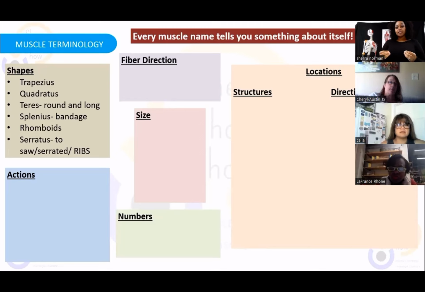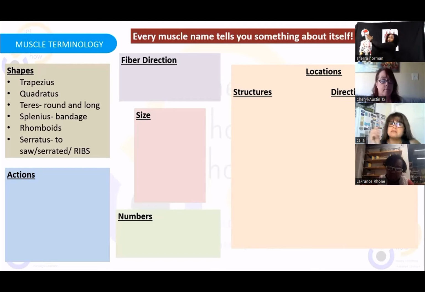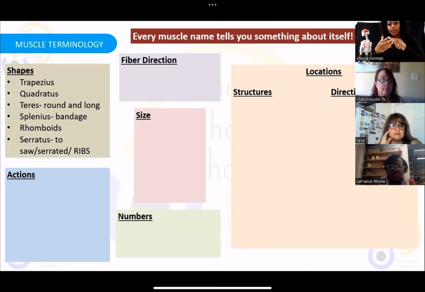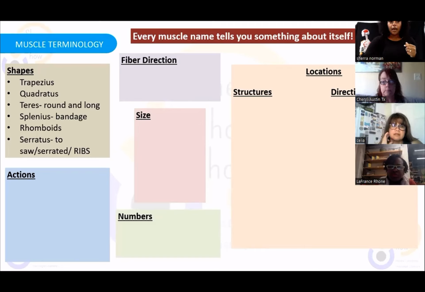A teres muscle is going to be like a long, rounded tube. Splenius is bandage. So the splenius capitis kind of looks like a bandage coming on the neck, kind of flat and wide. If it's serratus, that means it's serrated. Think of a serrated knife. It's got a jagged appearance and it attaches to the ribs with all those jagged edges, okay?